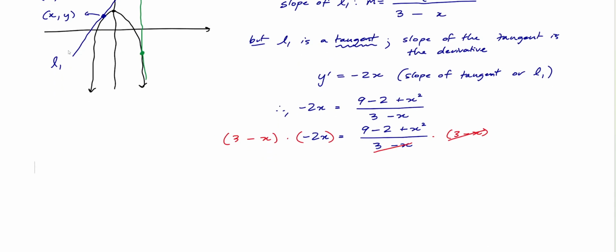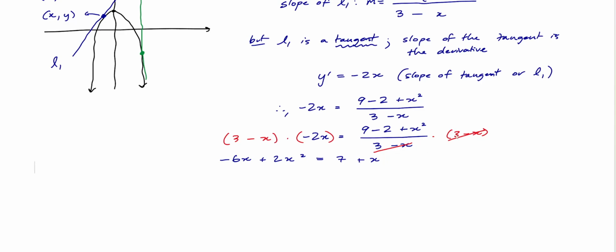And I end up with negative 2x times 3 is negative 6x. And then negative 2x times negative x is plus 2x squared. And then 9 minus 2 is 7, and then I have plus x squared.